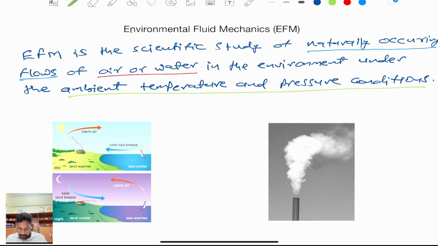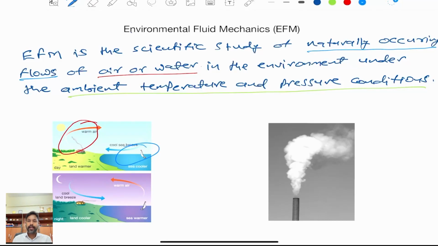In the left example, we are seeing circulation of hot and cold air near the seashore in the coastal regions at daytime and nighttime. If you look here at the daytime, the air coming from the land side is generally warmer, and the air coming from the sea side is cooler.